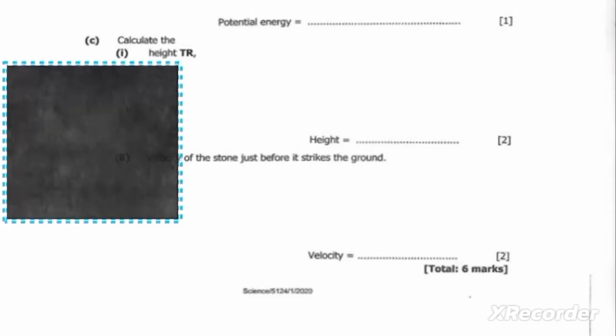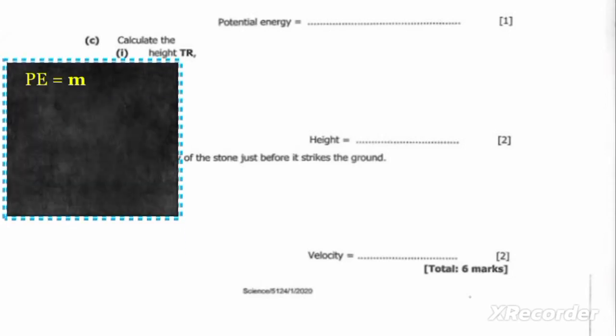Potential energy is equal to mass times gravitational acceleration times height. Data collection: what have we been given? Potential energy is 72. Mass is 2 kg. Gravitational field strength is 10 Newton per kg. Then height is what we are looking for.